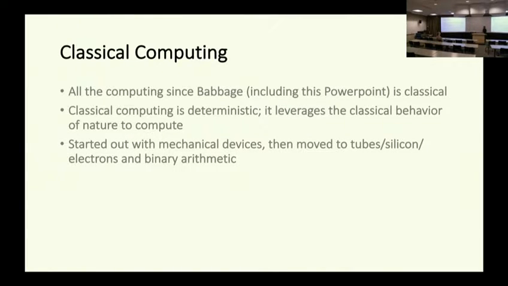Again, computing using some sort of mechanical device would go back to Babbage, but of course people were computing on their fingers and stuff like that, so this goes way before that. In any case, all the electronics, tubes and all that, binary arithmetic is what we know.